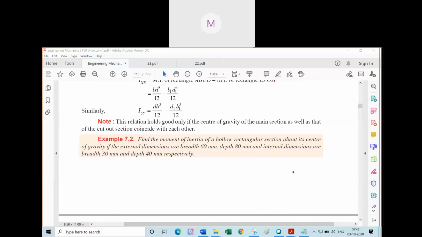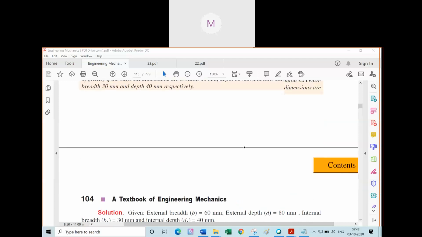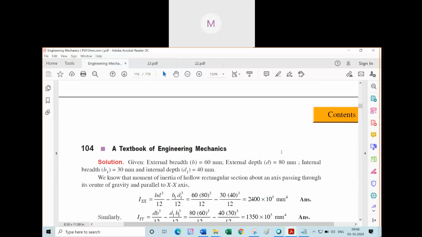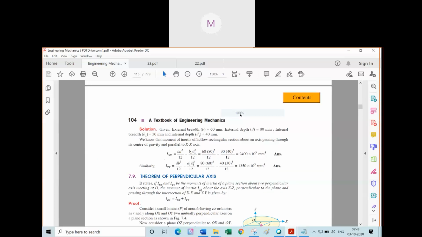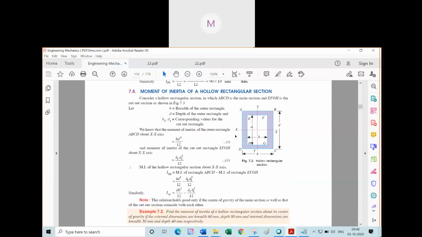So we'll go to the next one now. Moment of inertia of a hollow rectangular section. How to find out the moment of inertia of a hollow rectangular section?